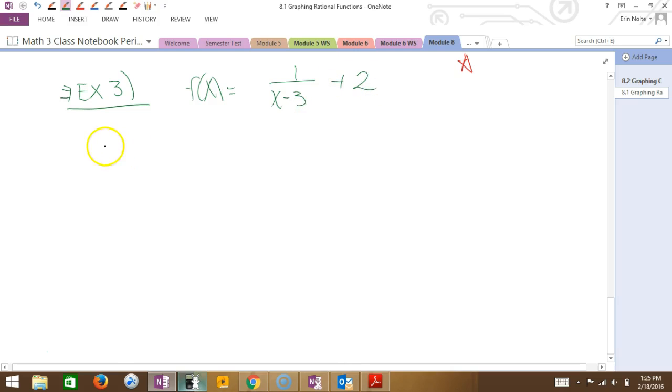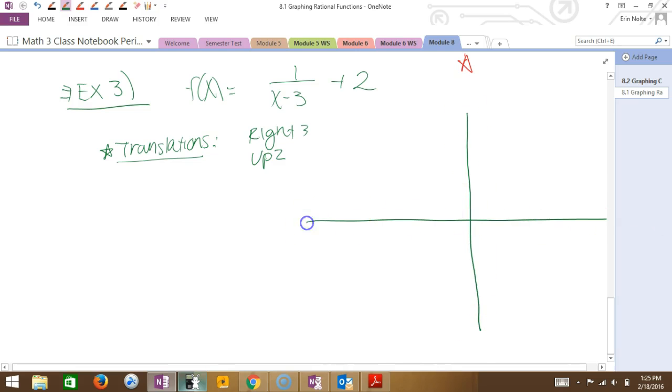Okay, so what are my translations on this one? This rational function. Right 3, up 2.